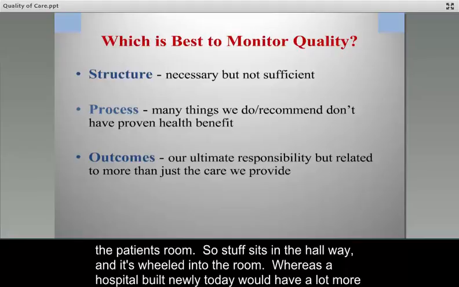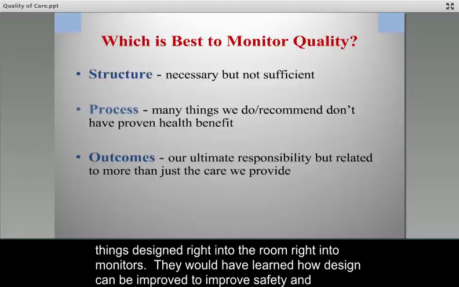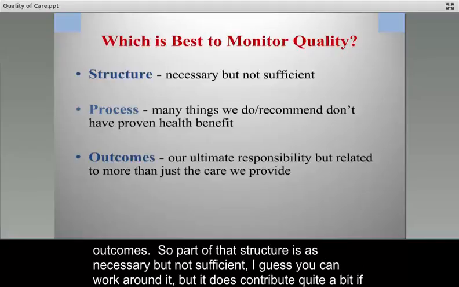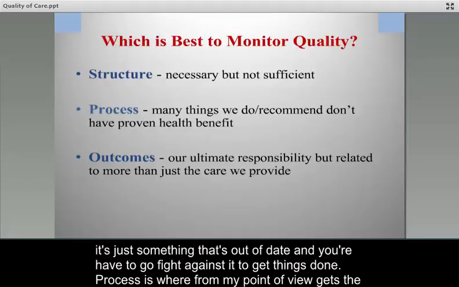Whereas a hospital built newly today would have a lot more things designed right into the room, right into monitors. They would have learned how design can be improved to improve safety and outcomes. So structure is necessary but not sufficient. I guess you could work around it, but it does contribute quite a bit if it's out of date and you're having to fight against it to get things done.